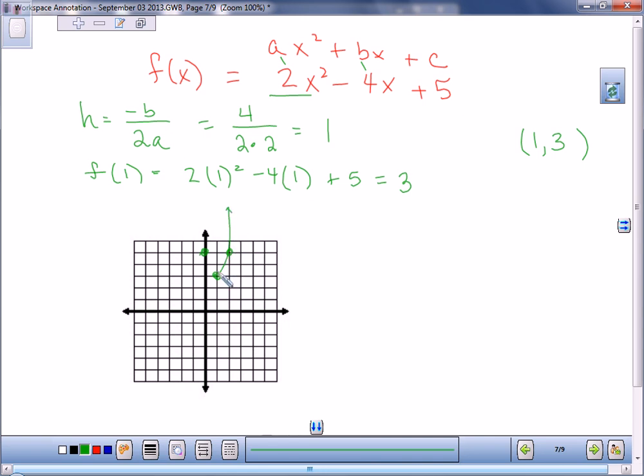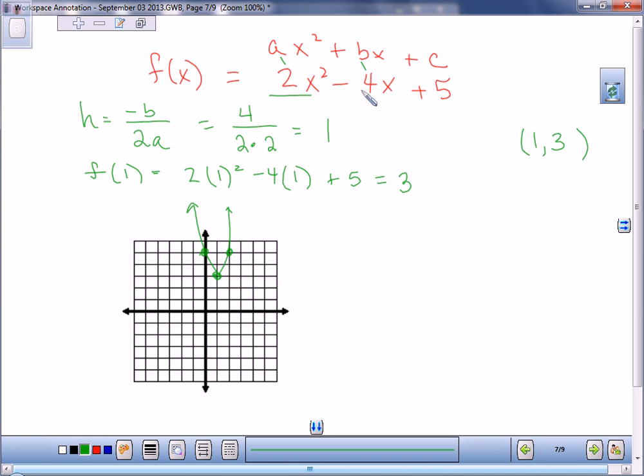Why do we plug in 1 for the x? Because we got the x value at the vertex is 1. So what is the corresponding y value with that x value? If I plugged in the x value, it kicks out the y value.